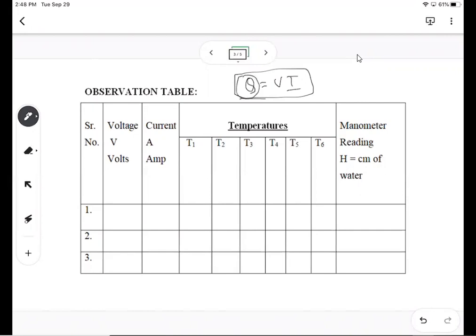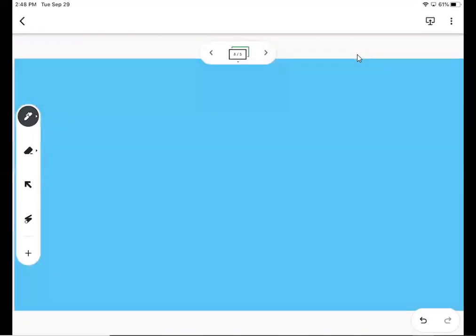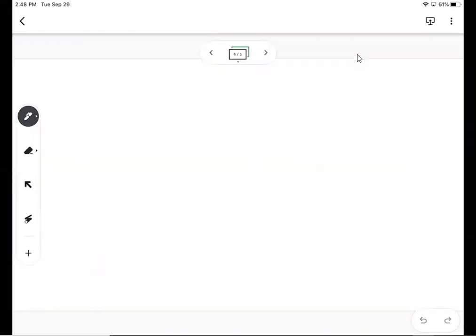So we will just have a look at the calculation part. Initially we will start with the orifice meter.